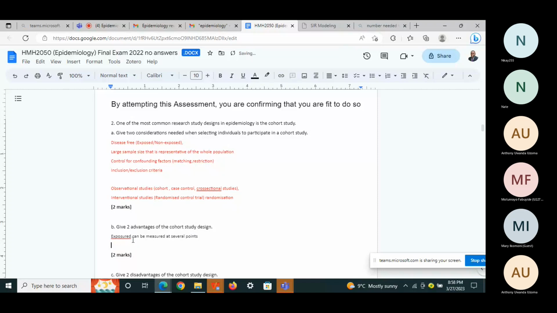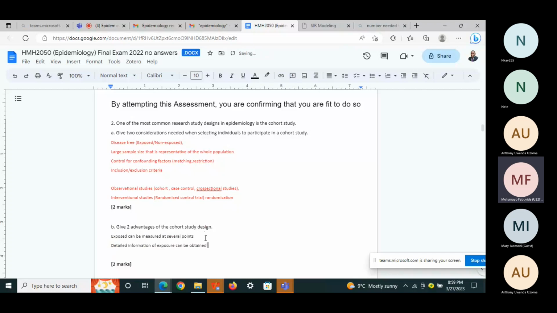Just use Google, you will get it. All these are not the main things. Detailed information on the exposure can be obtained. Detailed information on exposure to a wide range of factors can be collected.